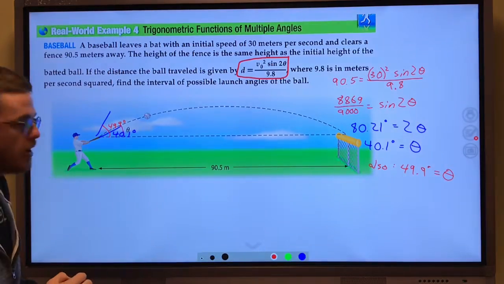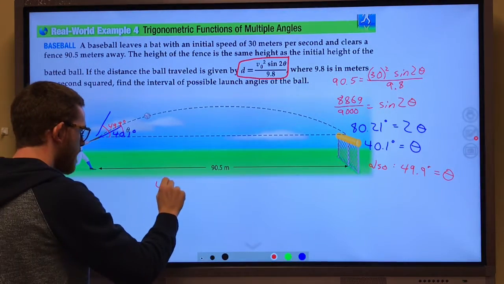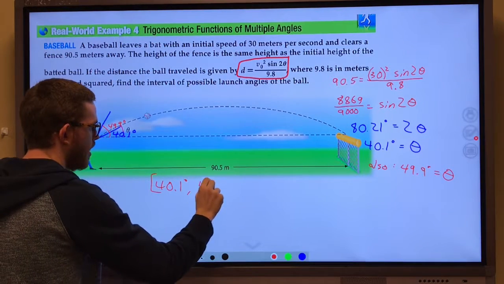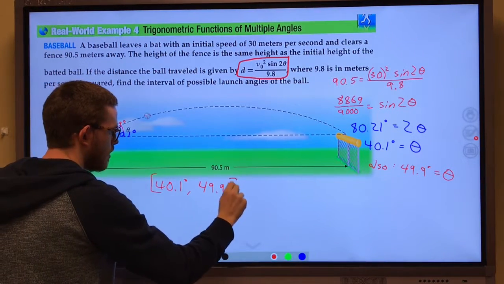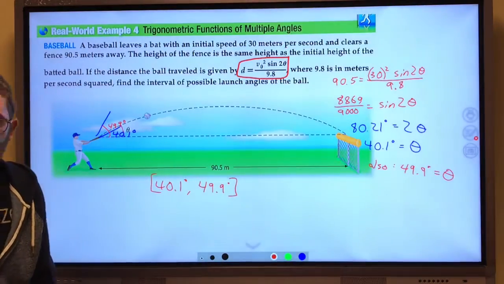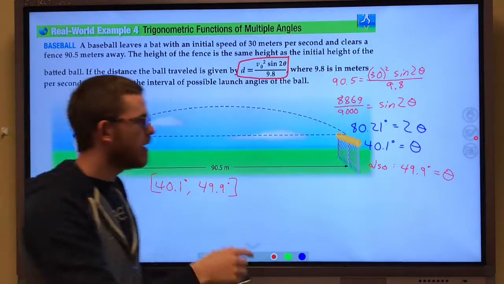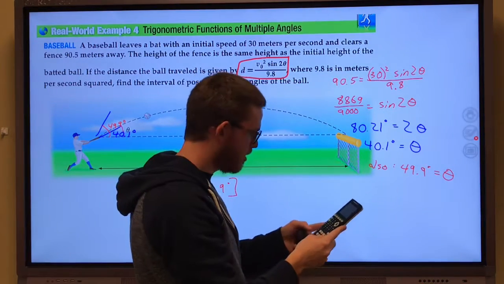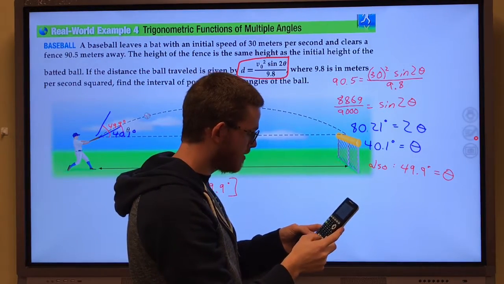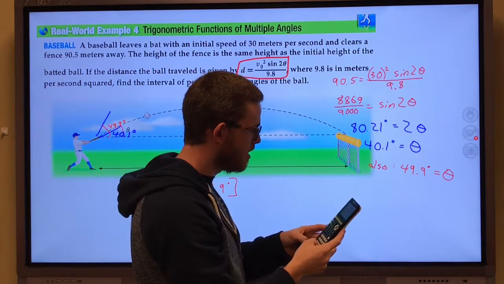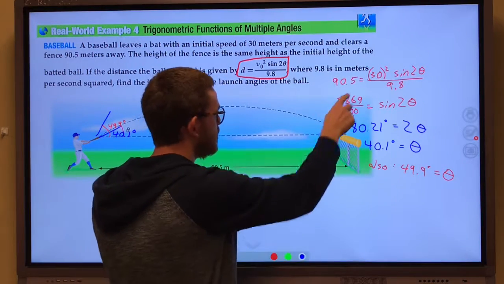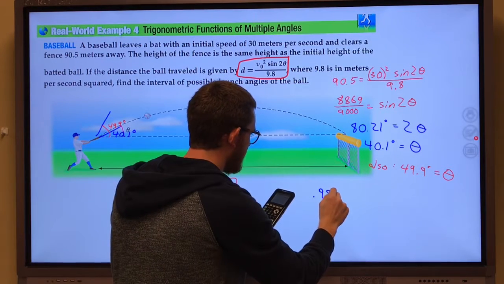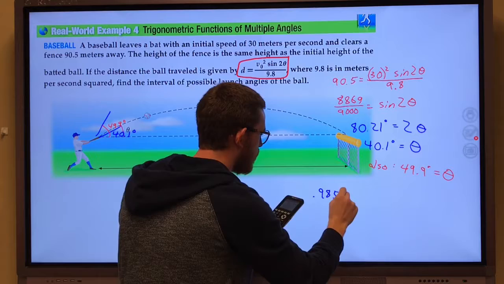The interval of possible launch angles, 40.1 degrees to 49.9 degrees. Now, double check that. Don't just take my word for it. Let's plug that back in. First of all, 8869 over 9,000 as a decimal is about 0.9854.